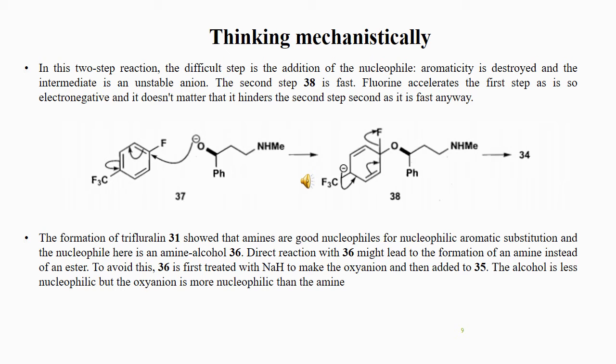Now if fluorine is attached over here, as we are saying, in nucleophilic substitution reactions there are two steps in the mechanism. First one is the attack of the nucleophile on the aromatic ring, and the second one is the removal of the leaving group.